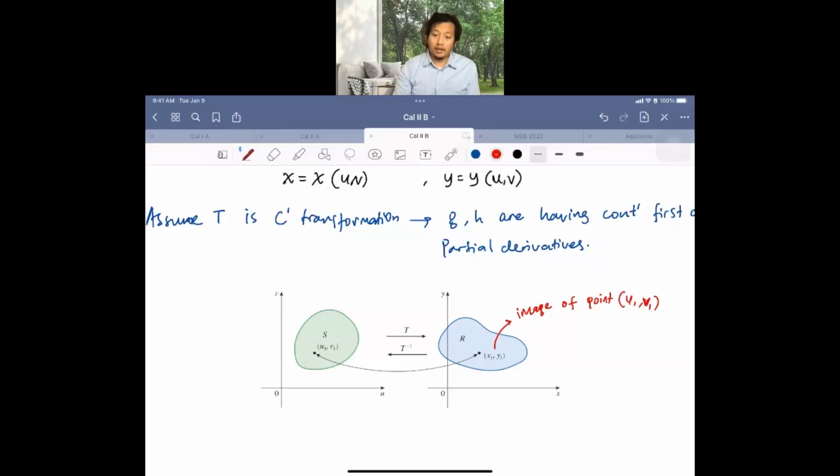So practically the region R is basically an image when you transform uv to xy.